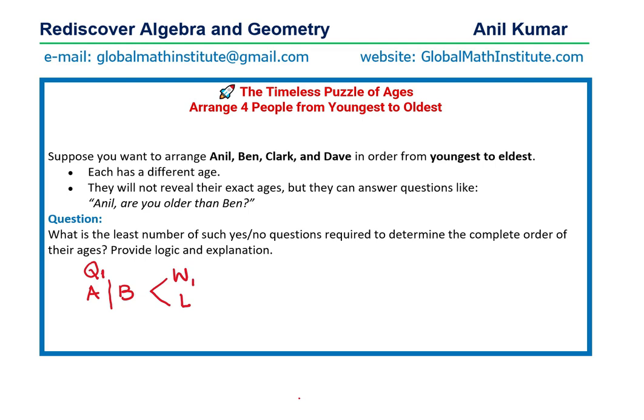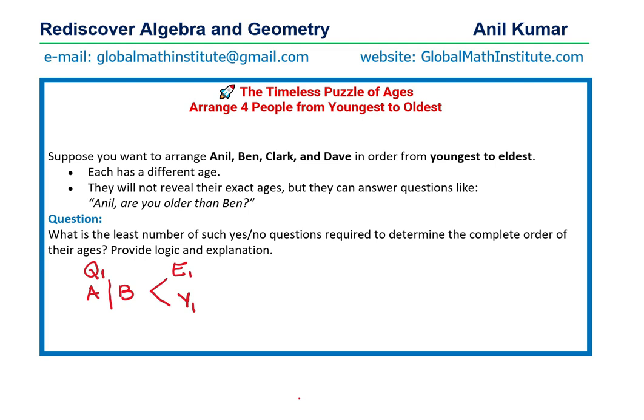So this was the result of the first question, and therefore I have put this as W1 for elder in this case, and younger. So let me write E for elder and Y for younger. After the first question, out of A and B, we are able to decide who is elder and who is younger.